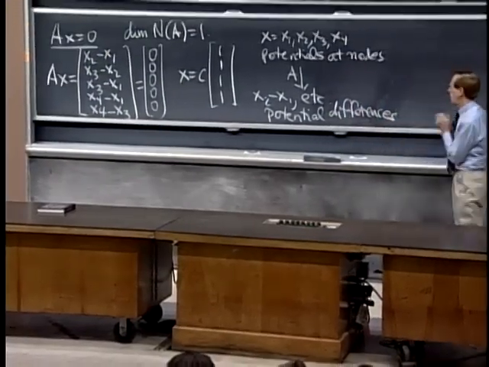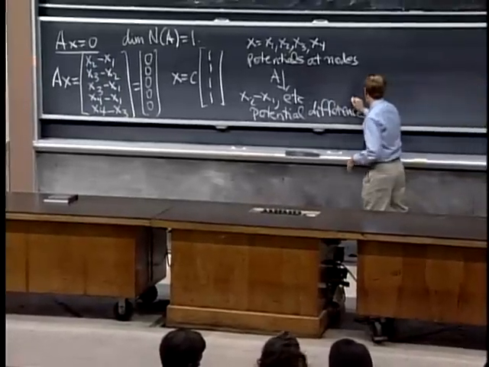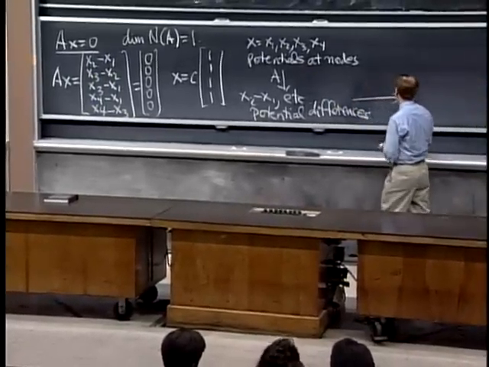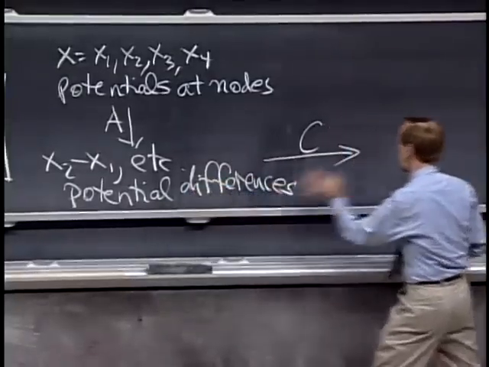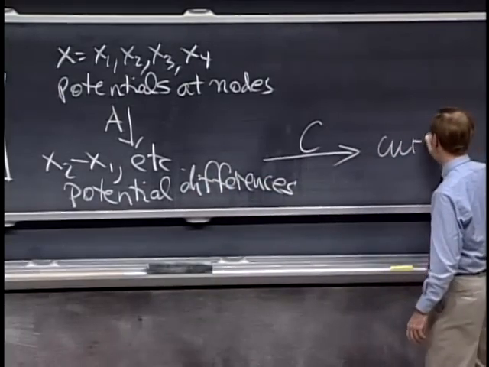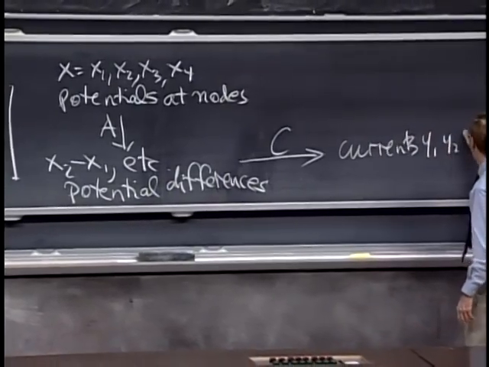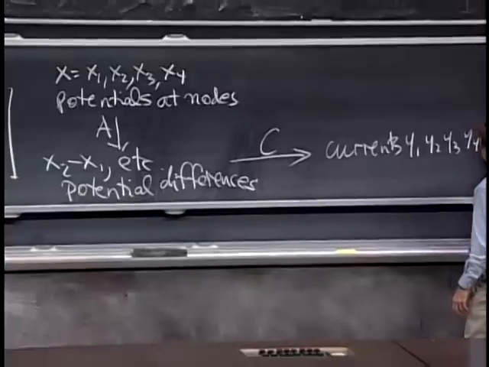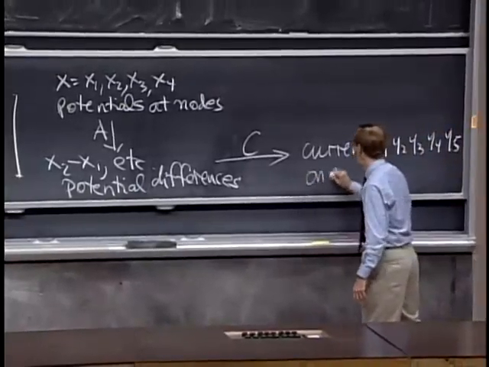Here's the great picture of applied mathematics. So let me complete that. There's a matrix that I'll call C that connects potential differences to currents. So these are currents on the edges, y1, y2, y3, y4, and y5. Those are currents on the edges.